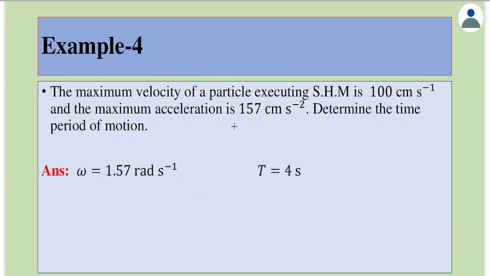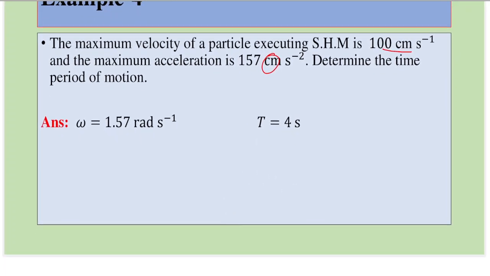Example 4 says the maximum velocity of a particle executing simple harmonic motion is 100 centimeter per second, and the maximum acceleration is 157 centimeter per second square. Observe that velocity and acceleration are in terms of centimeter. Determine the time period of motion of the particle.